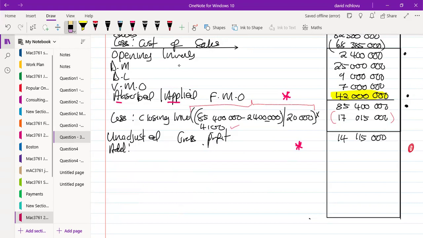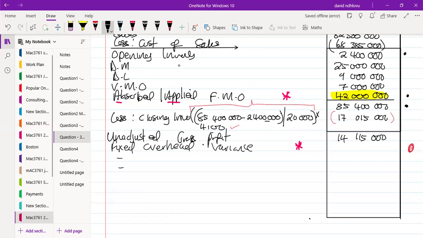Right, so what we need to do here is calculate the fixed overhead variance, and there are two components to this.